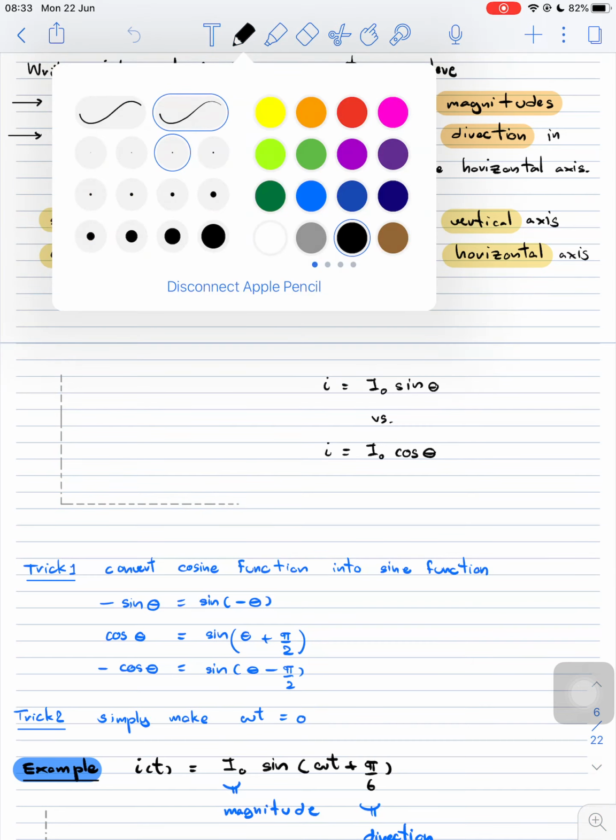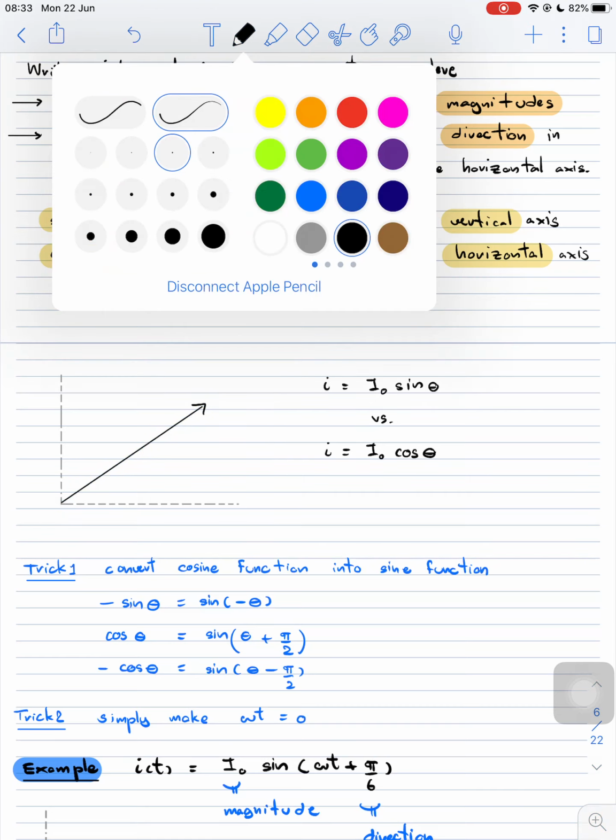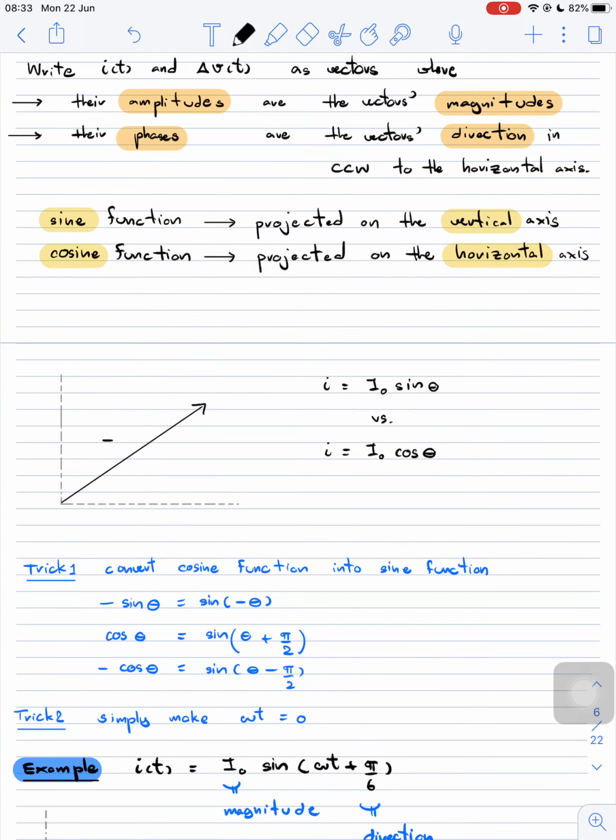So let's say this vector will have a length equal to I naught. And the direction, counterclockwise to the horizontal axis, is theta.